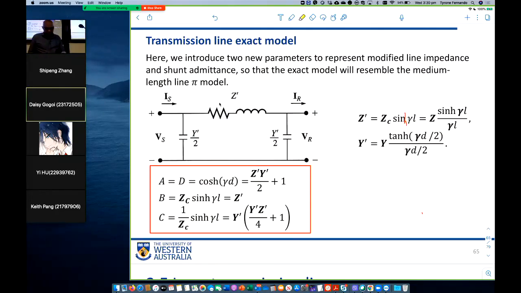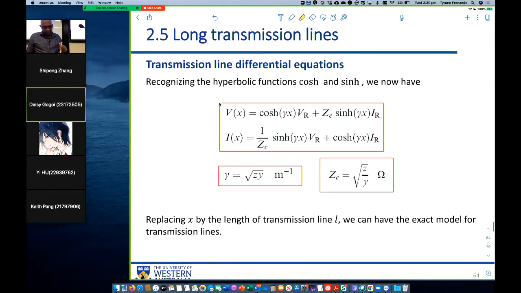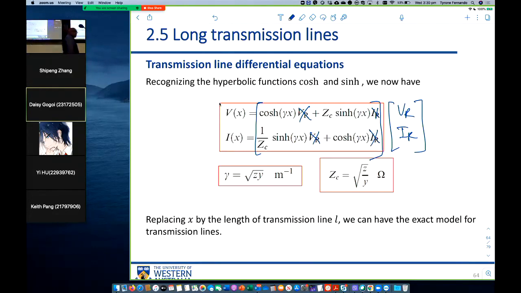So we have this, and we can already see the matrix. Because if I can draw a matrix like this, and if I can delete that and put that VR there, and delete that and put that IR there, I have my ABCD matrices.